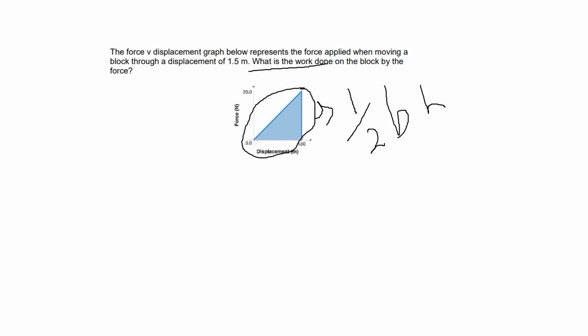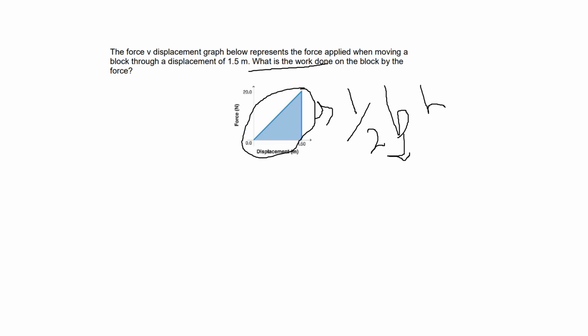The force displacement graph below represents the force applied when moving a block through a displacement of 1.5 meters. What is the work done on the block by the force? We can see that this is a triangle, and the area of a triangle is a half times base times height. We will replace base and height with force and displacement.